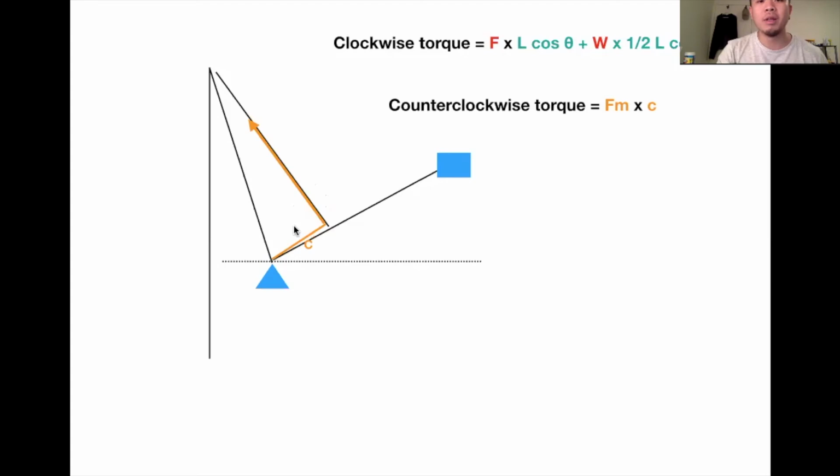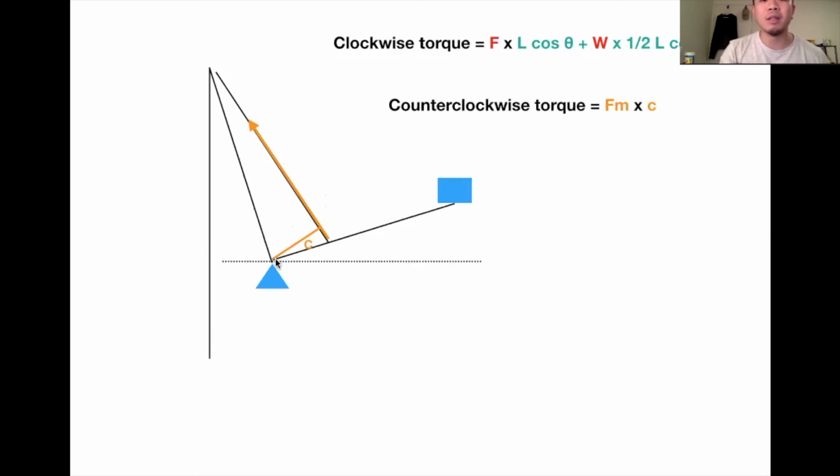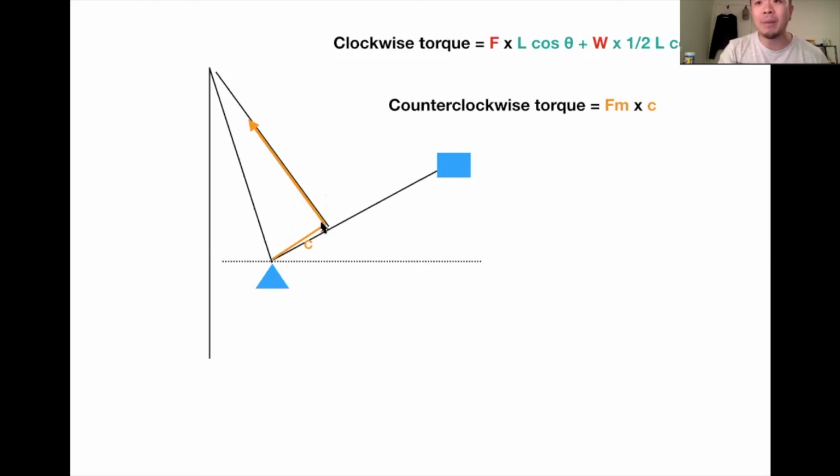So from here, C is less than the distance between the attachment site and the axis of rotation. And there's a certain angle at which the moment arm will be the same as the length from the attachment site to the axis of rotation. Then that's the maximum moment arm you can get in this situation.